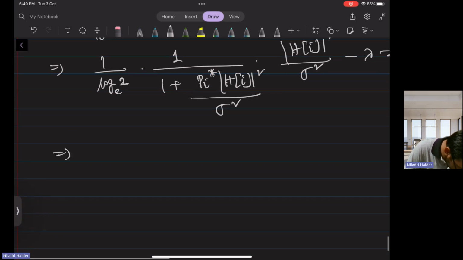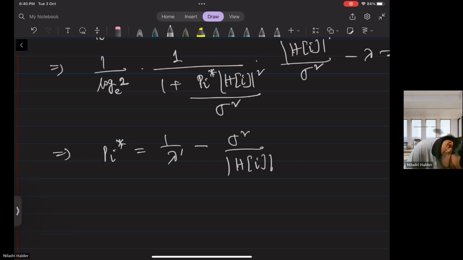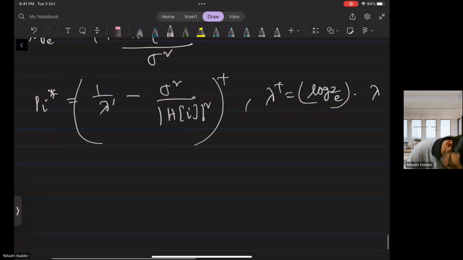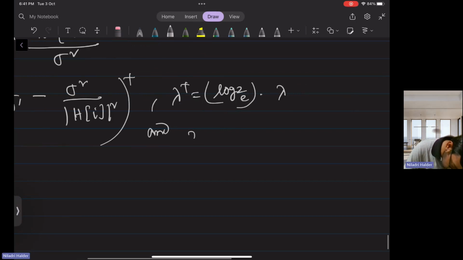Ultimately, we are getting p_i star equals (1 by lambda prime minus sigma^2 by |h_i|^2)^+, where this lambda prime is equal to log 2 base e multiplied with lambda, and h^+ is where this function plus is that h^+ is equal to max of x comma 0.